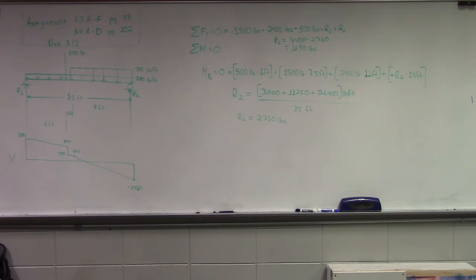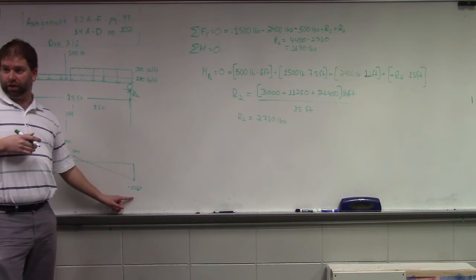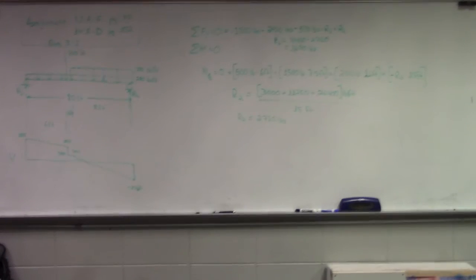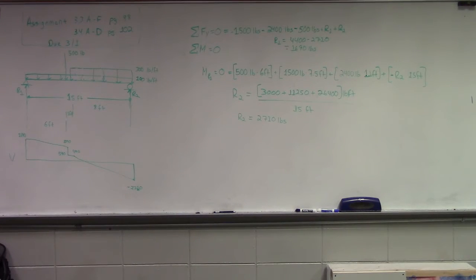So what else do we need to determine on our shear diagram? Maximum shear? And we know our maximum shear, right? In these simply supported beams, it's going to occur at our greatest reaction. What else do we need? When it crosses zero, when it's hitting 0, okay?